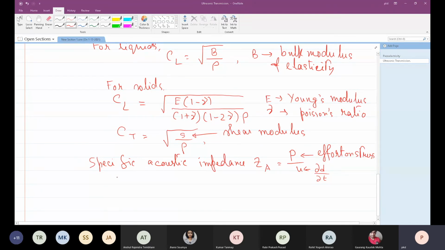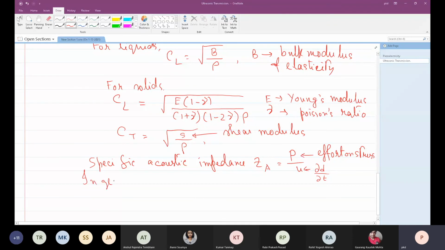In general, of course, if we consider loss and other damping, etc., then this becomes complex. For plane wave, this is real.